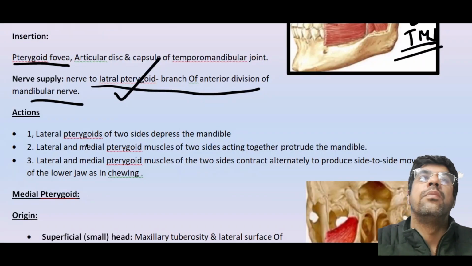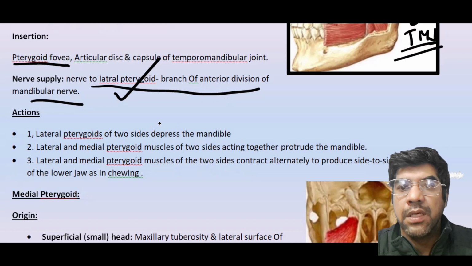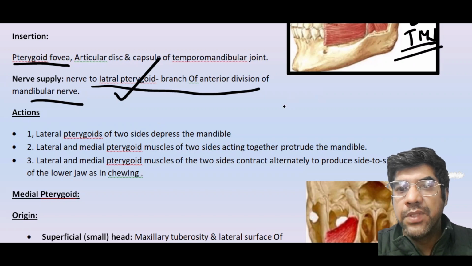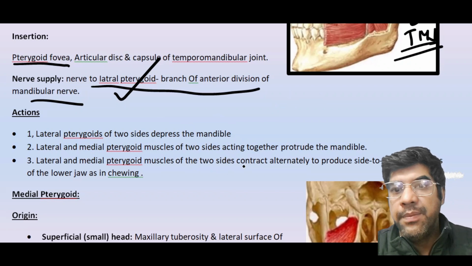Now what are the actions? The lateral pterygoid would depress the mandible to open the mouth, and it works together with the suprahyoid muscle. So it is essential for opening the mouth. Second, it protrudes the mandible.